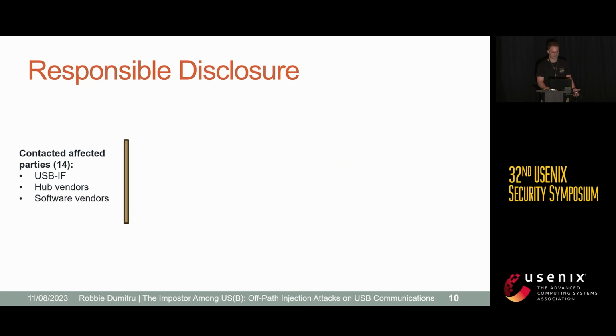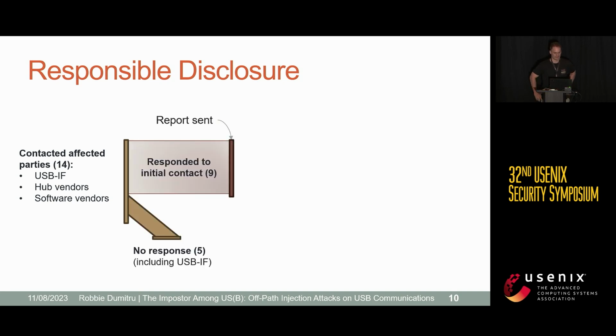And with this being the discovery of a relatively significant vulnerability, we performed responsible disclosure, contacting all affected parties, namely the USB Implementers Forum. This is the organization responsible for overseeing the development of the standard of USB. And we also contacted vendors of affected hubs and software. Of the 14 parties we contacted, unfortunately, 5 of them didn't get back to us at all, and particularly unfortunately, the USB Implementers Forum was among them.